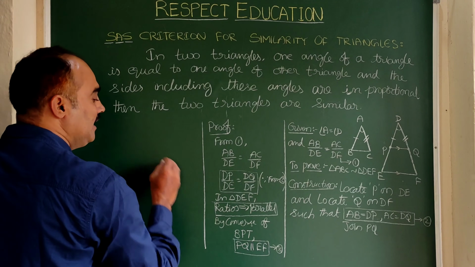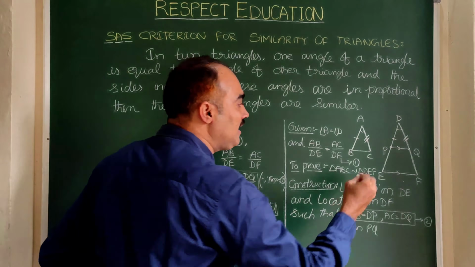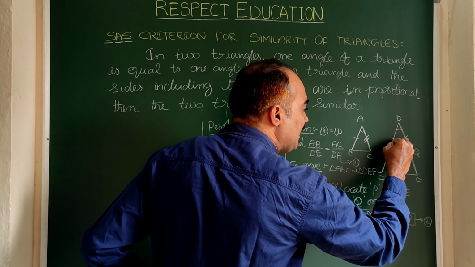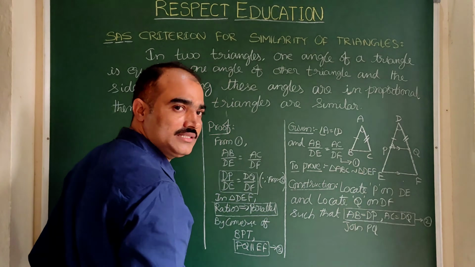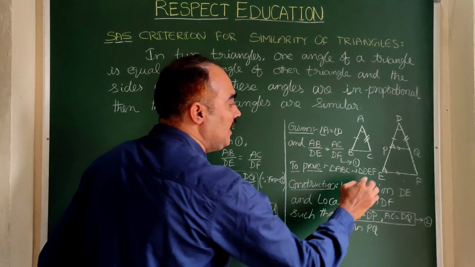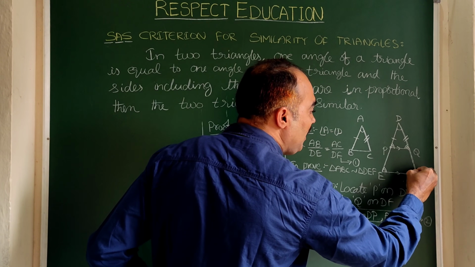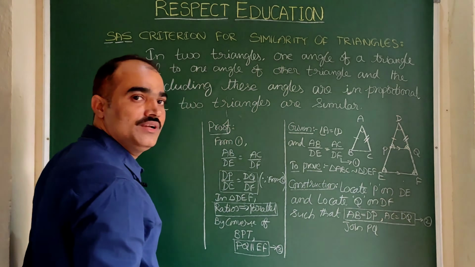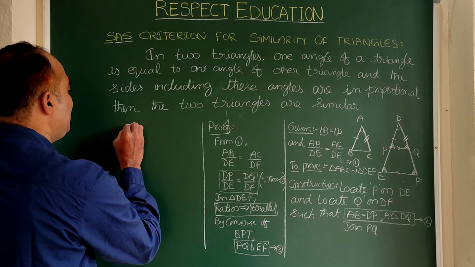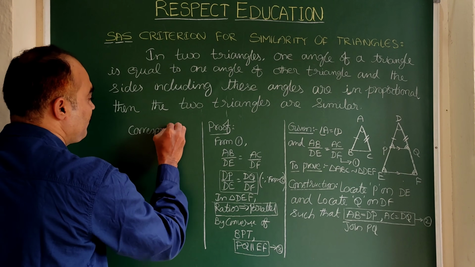Since PQ is parallel to EF, we can say angle P, here I am keeping double arcs, is equal to angle E, right? At the same time, angle Q is equal to angle F. Since PQ is parallel to EF, corresponding angles are equal.